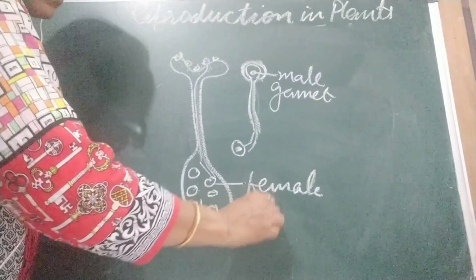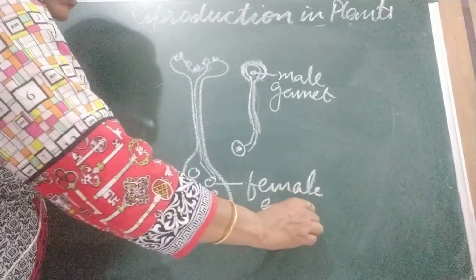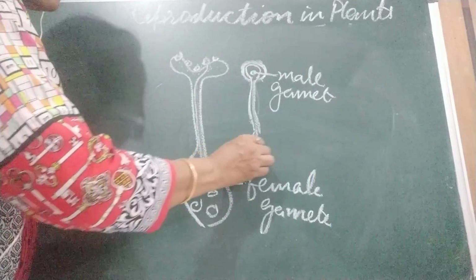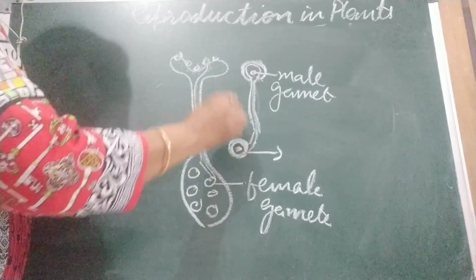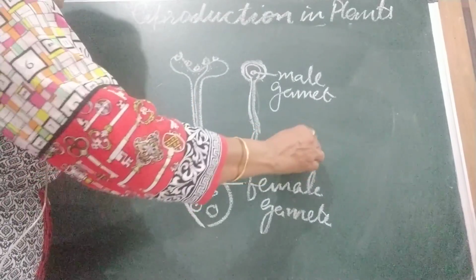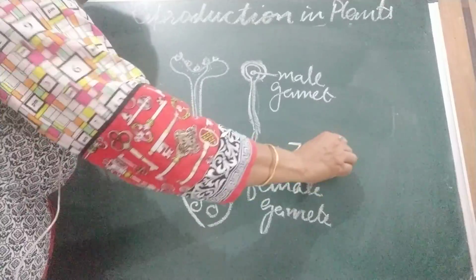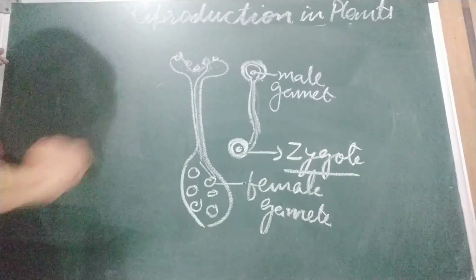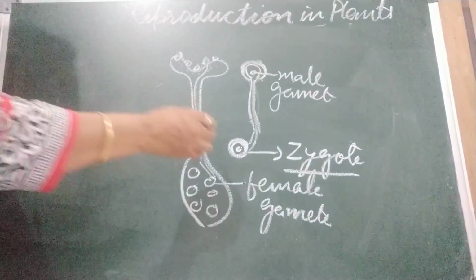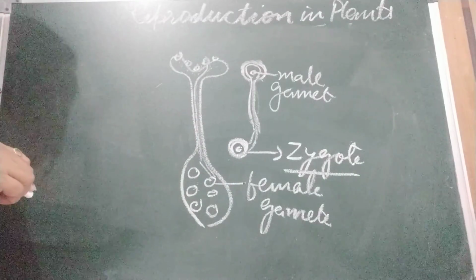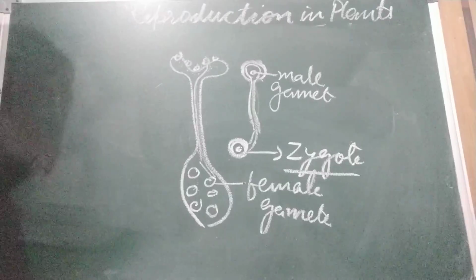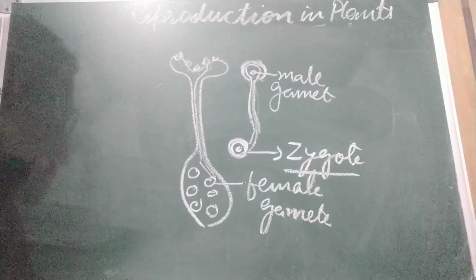When the male and female gametes fuse, they form this structure, a single celled structure. This is called a zygote. The fusion of male and female gamete is called fertilization. A zygote is formed after fertilization takes place.